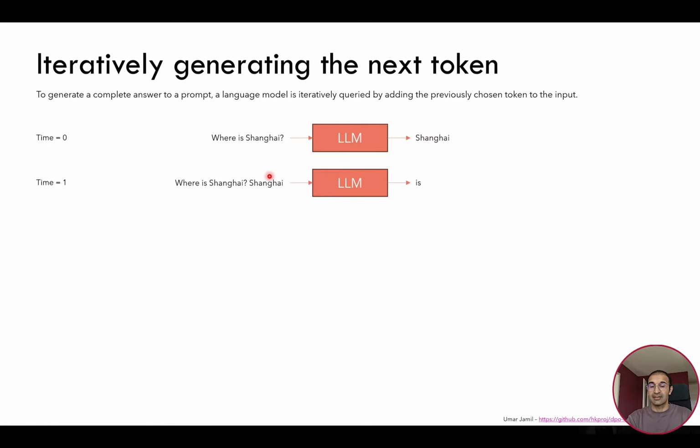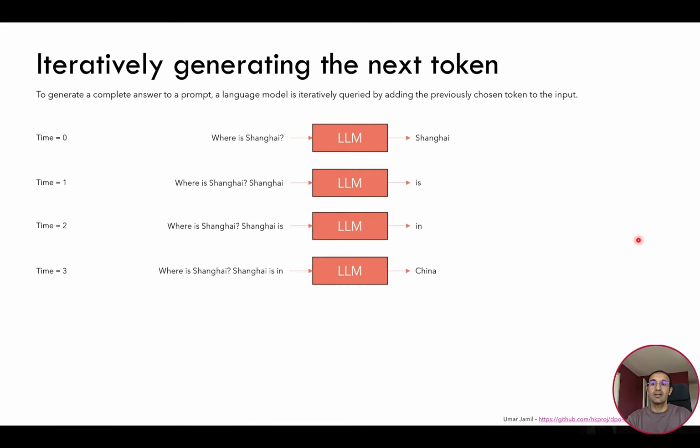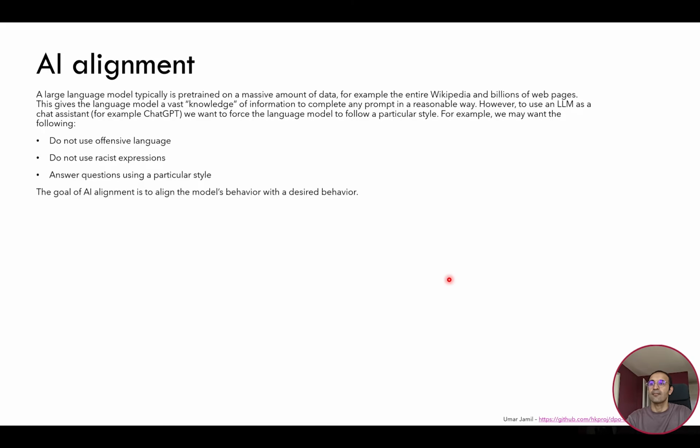And we put it back into the prompt, and we ask the language model again, until we reach a specified number of generated tokens, or we reach the end of sentence token, which is a special token. In this case, after 4 tokens generated, the language model will probably say "Shanghai is in China", which is the answer to our question.